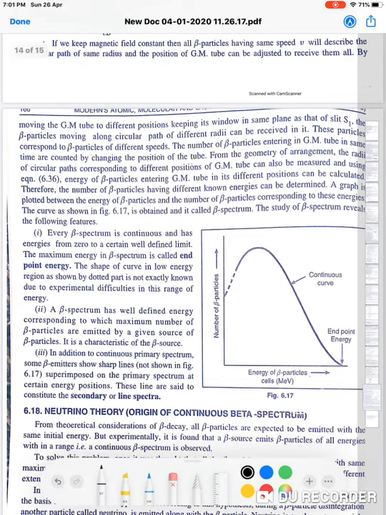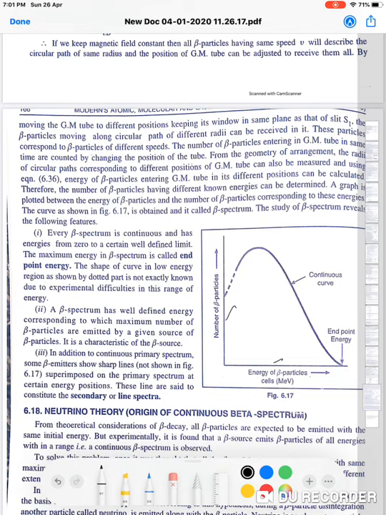First of all, let us look at the graph of the number of beta particles with respect to the energy of beta particles. Many beta particles are coming out continuously, because there are a huge number of atoms inside a crystal arrangement, and each nucleus is getting converted to another nucleus, with beta particles coming out.